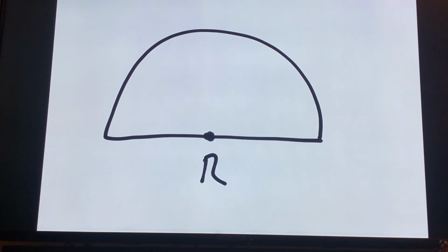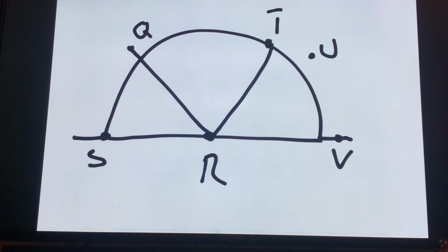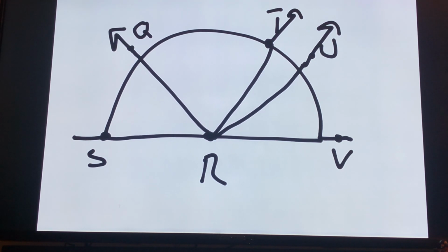So R, and this is going to be S. It's going to be V, T, and U, and Q. Now, bear in mind, friends, this is not the most accurate description for me to draw. I'm just freehanding this. But one thing I want you guys to see, I apologize for the terrible art ability I have.